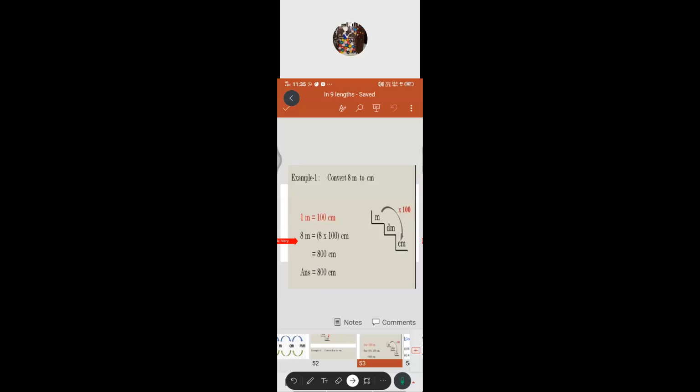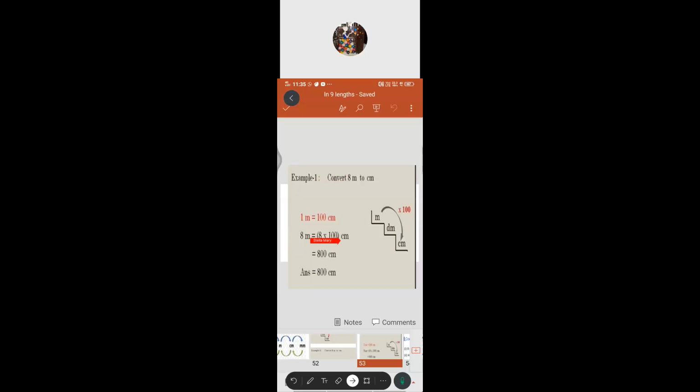So we'll move to that one. What is given? 8 meters. Units are always next to the given number. So 8 meters to how many centimeters they are asking. We have to multiply by 100. 8 multiplied by 100, then only it becomes centimeters.